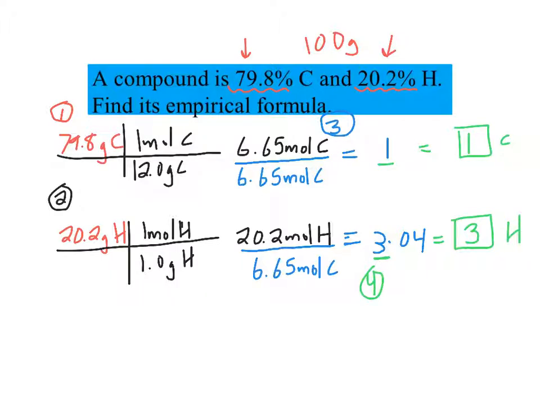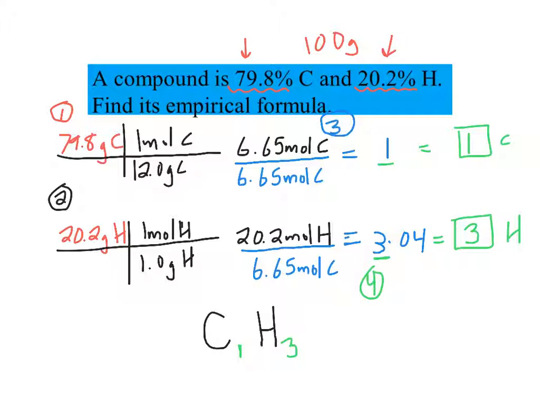What do I do with these numbers? Well, I'm going to be using them in my formula. So what I write is carbon and hydrogen, and I fill in a 1 as the subscript for carbon and a 3 for the subscript for hydrogen.